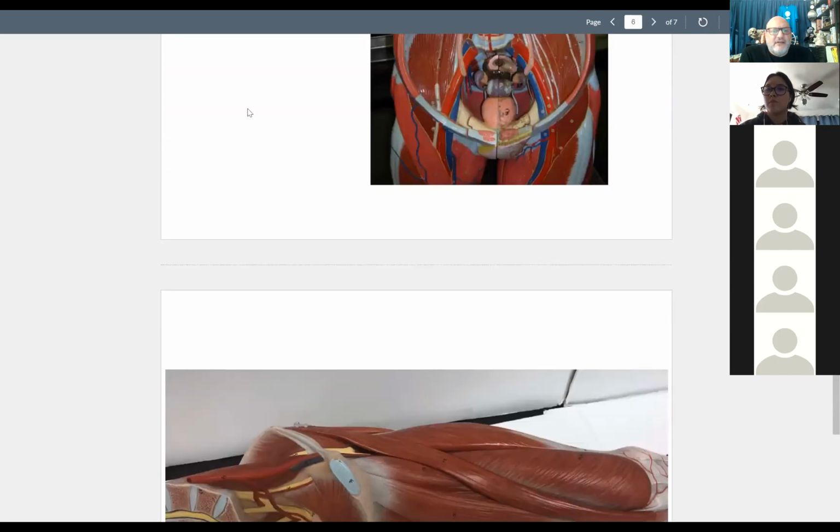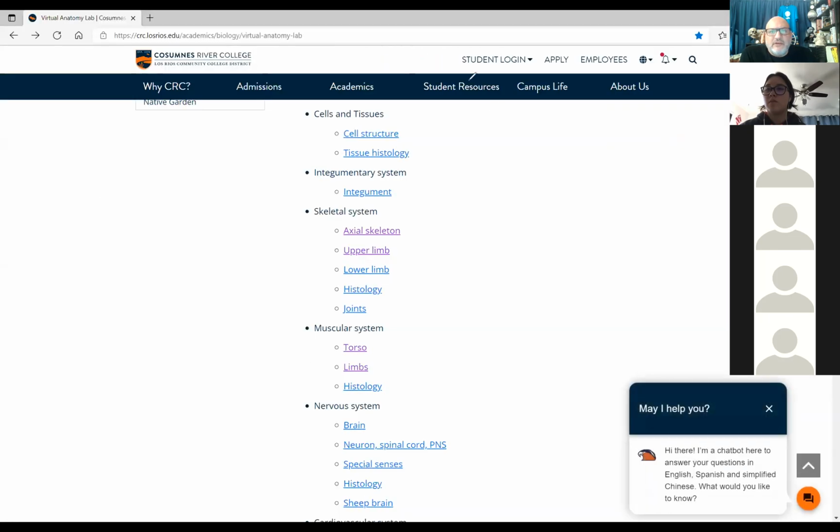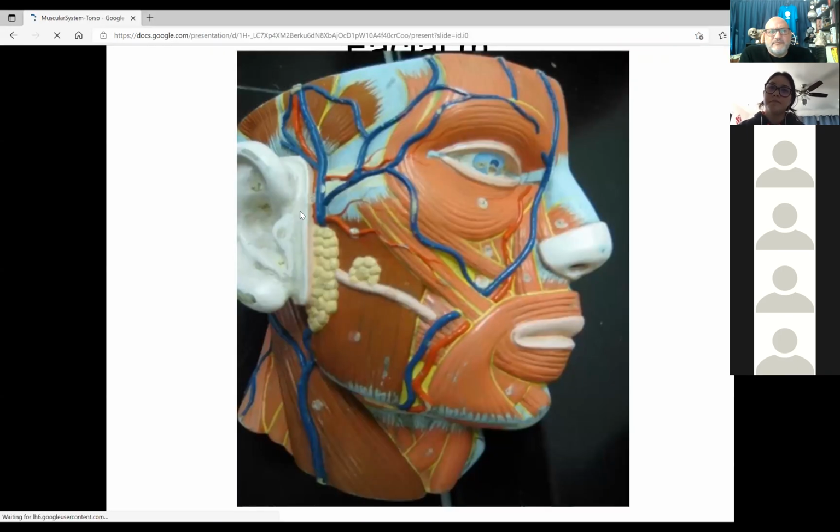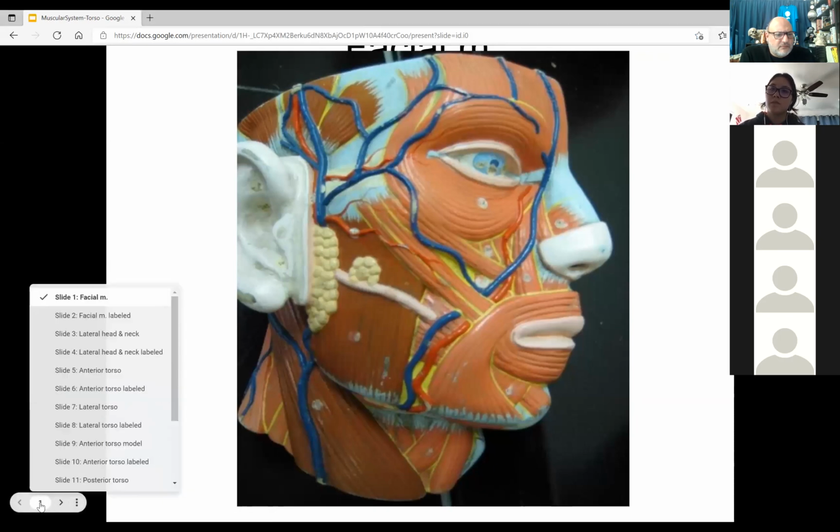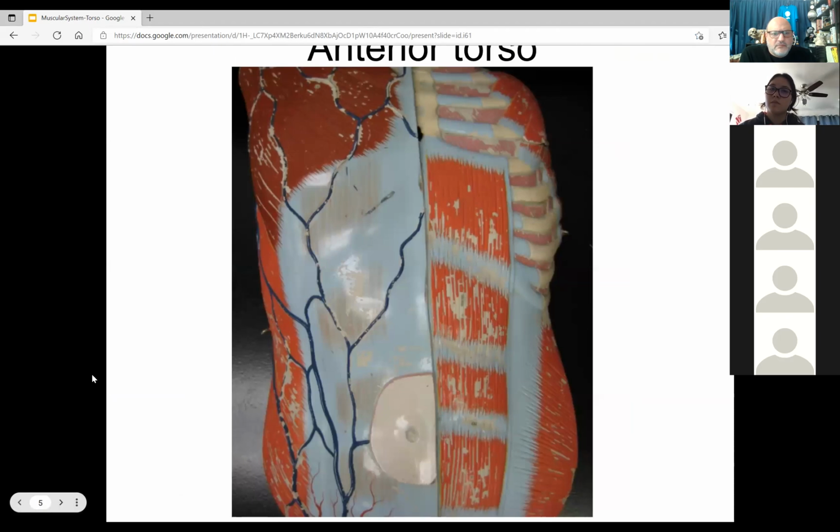I don't think I have an abdominal muscle. Let's see what they have here. If we go to muscle system torso, this is the torso model picture I was talking about.